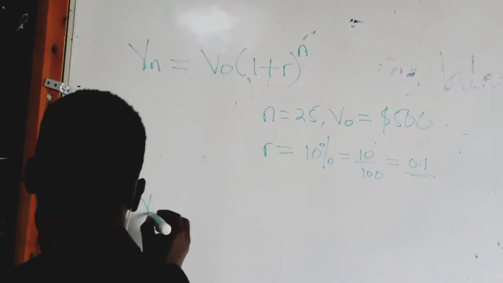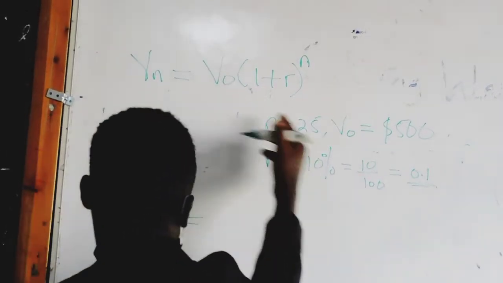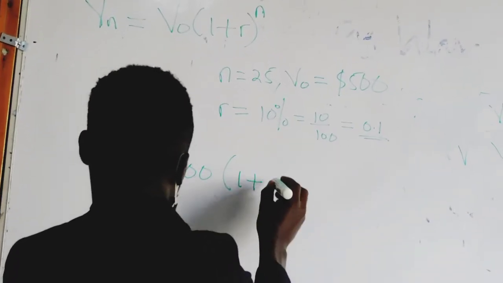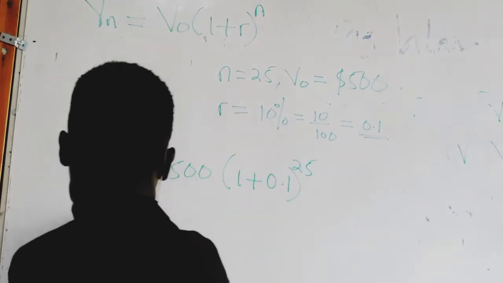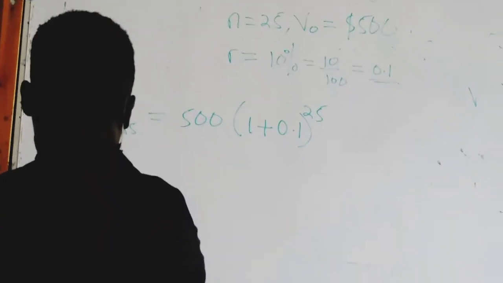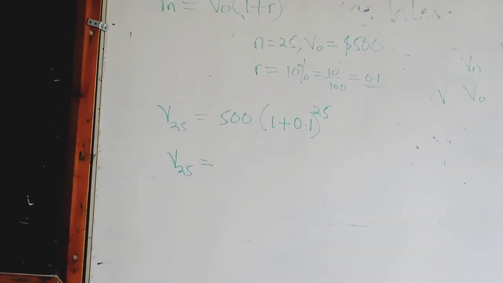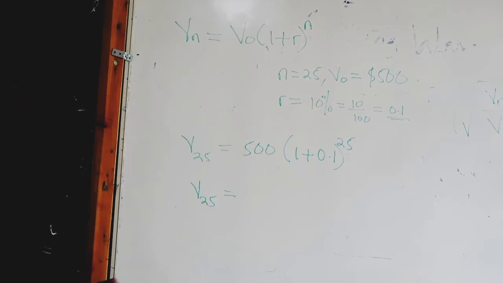So the future value up to 25, because the number of years is 25, will be equal to V naught, which was 500, into 1 plus the interest rate, which is 0.1, power the number of years, which is 25. Let us try to calculate.